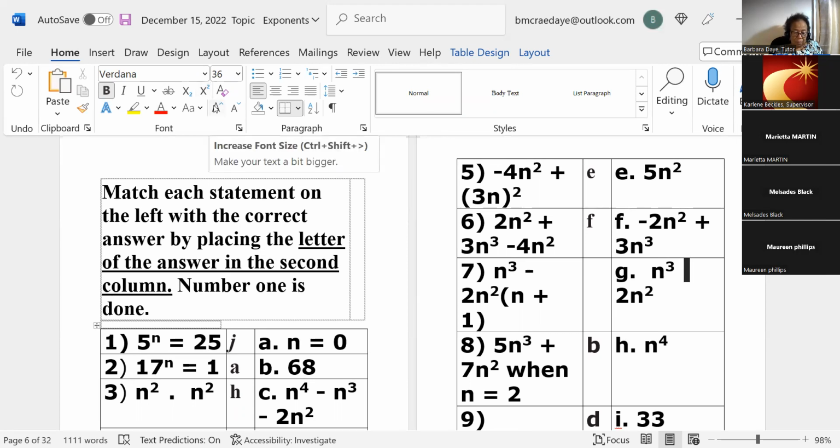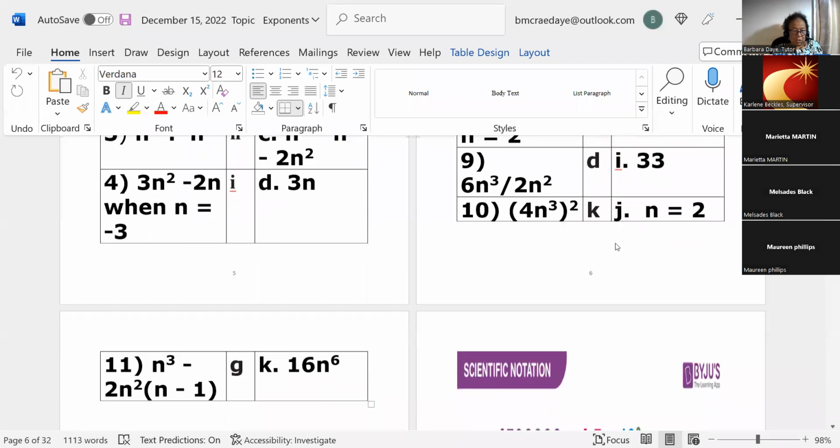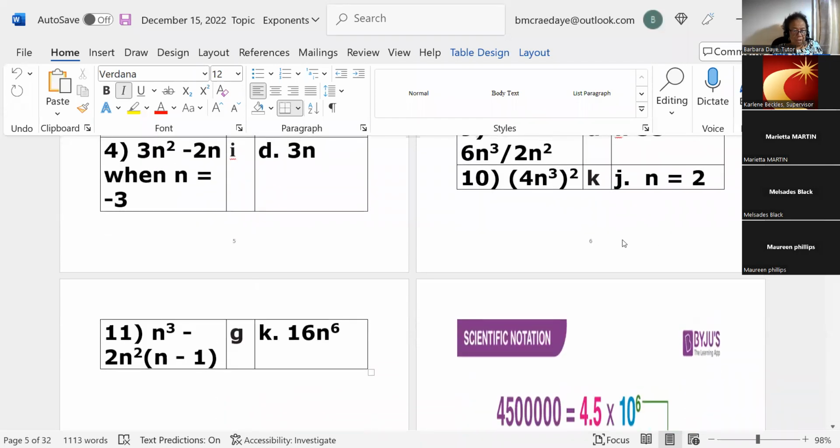Okay, minus 2 n to the second. So that's the G, so 7 would be the G. So here we go, G. So 7 is G. And how about 11? Well, 11 was, I'm sorry, 11 was G.